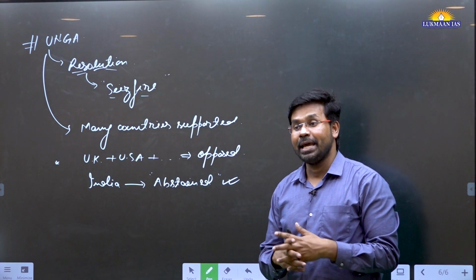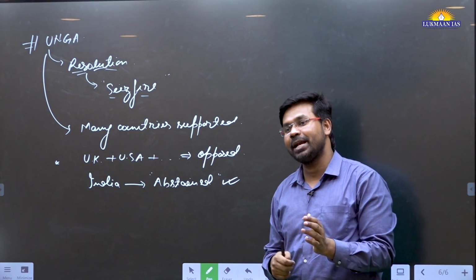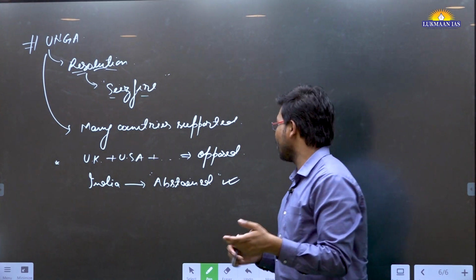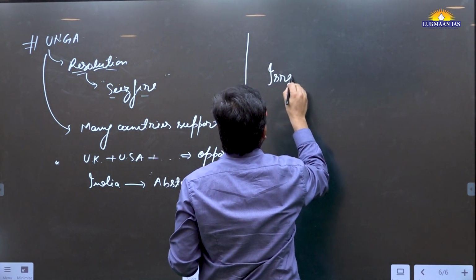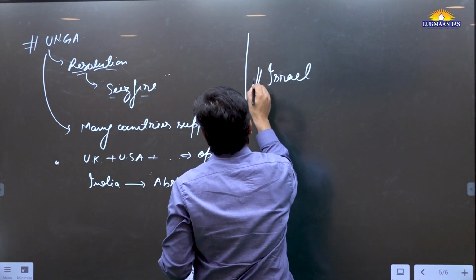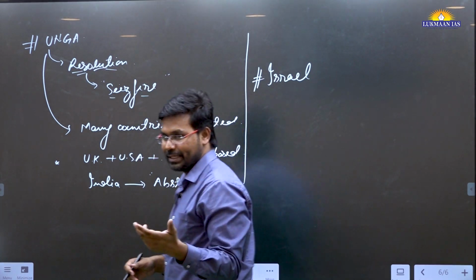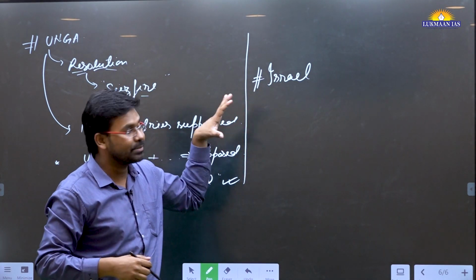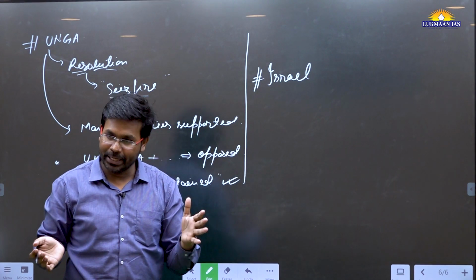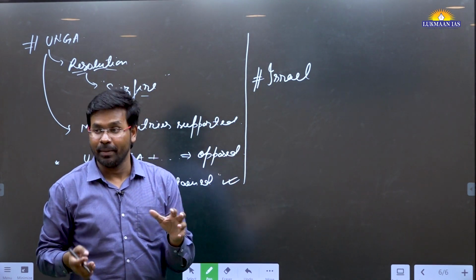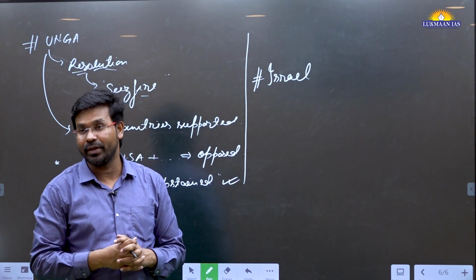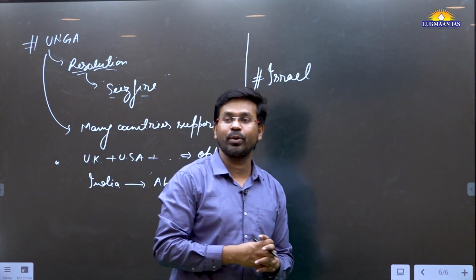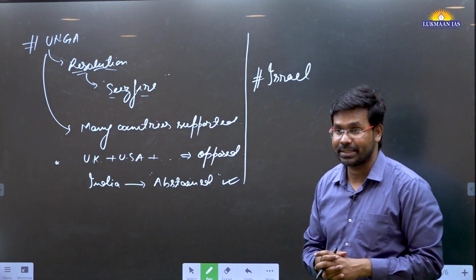And if we talk about inside Israel, in India the news that we see only shows that Israel is being supported by big nations and then it is attacking. But if you interact with the Israeli people, they are under constant fear. They feel that most of the countries in the world are against them.